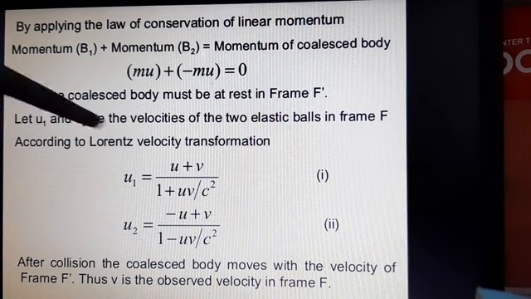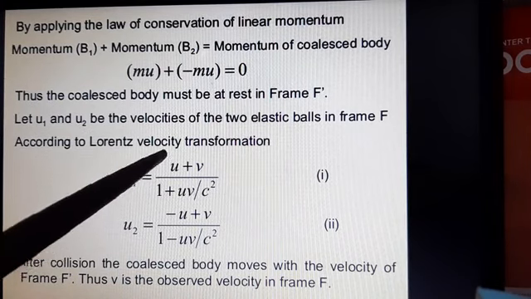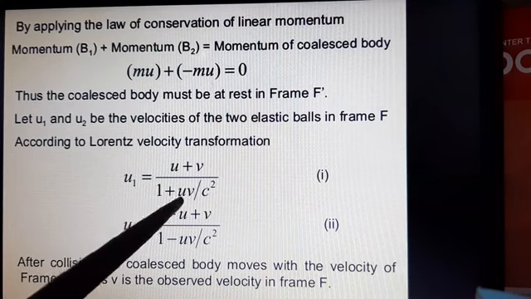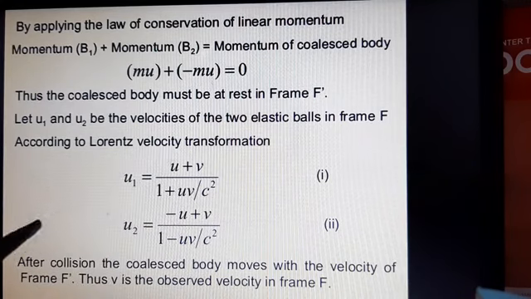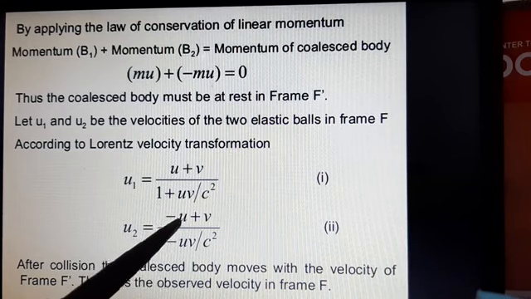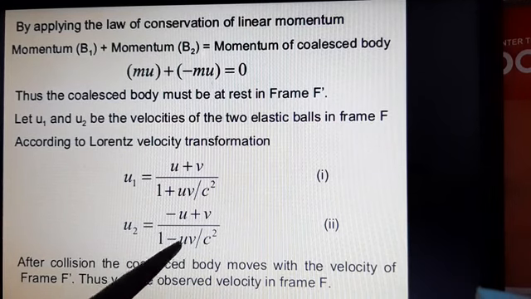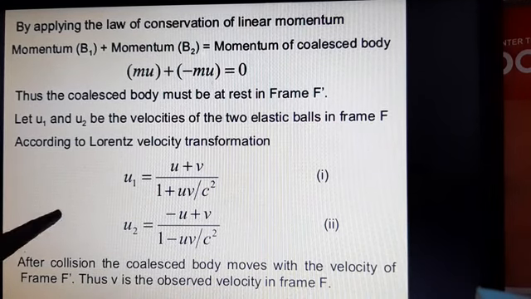Applying this equation for the two balls, u1 is equal to u plus v upon 1 plus u v upon c square. Similarly, u2 is minus u, the velocity of the second ball in the F dash frame, plus v upon 1 minus v into u upon c square.